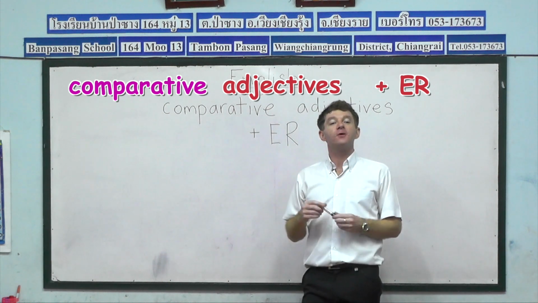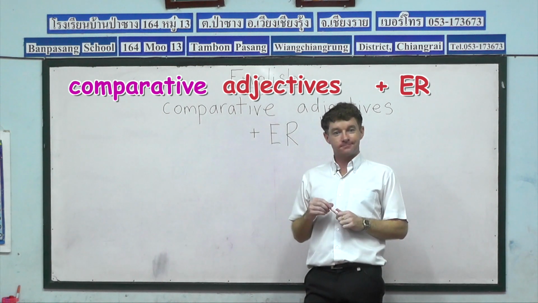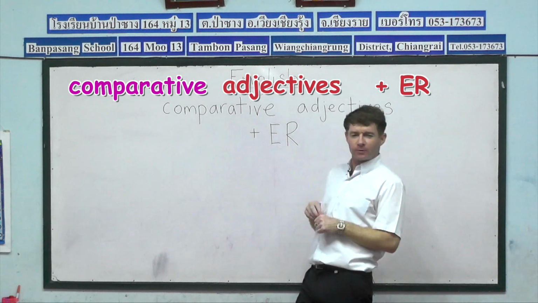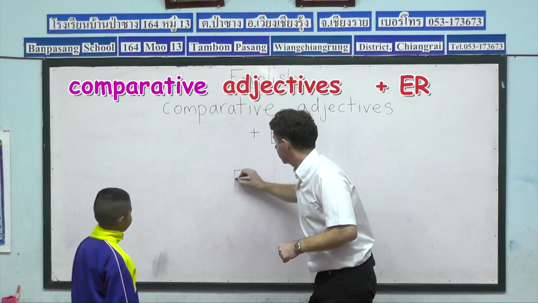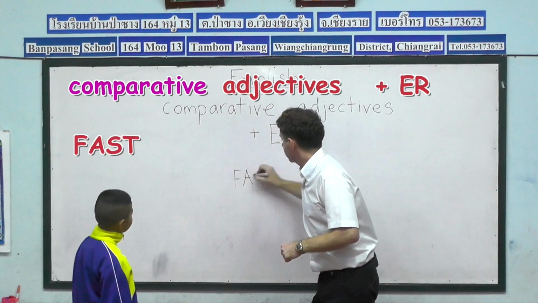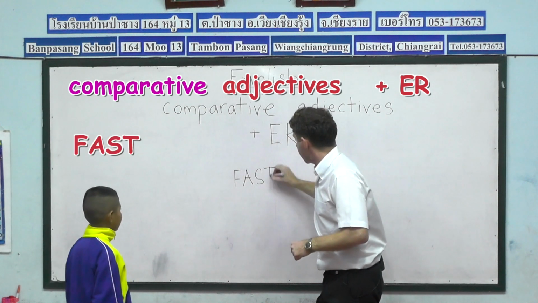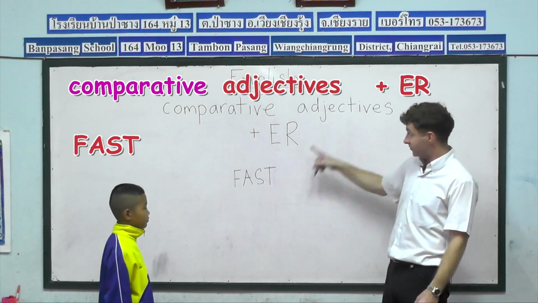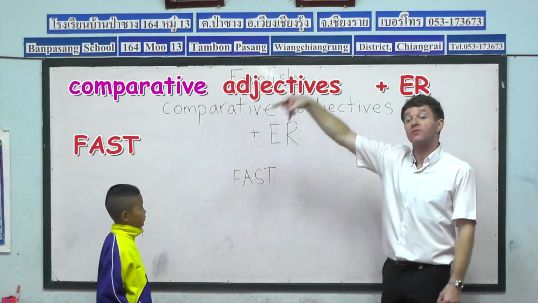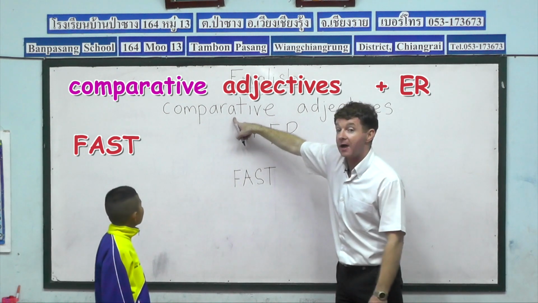What's the opposite word to slow? Fast. How do we spell fast? F-A-S-T. Fast. So we have our adjective, fast, but now we want to turn it into comparative.